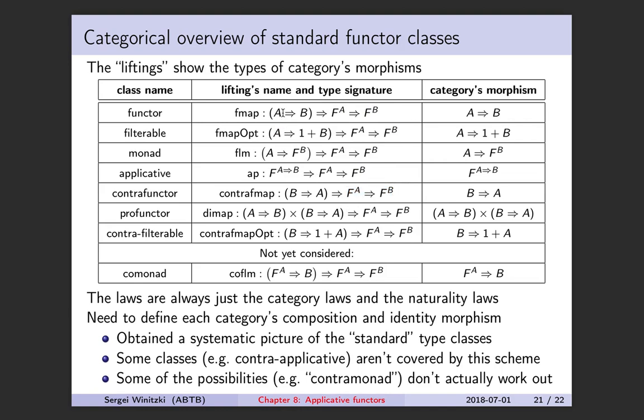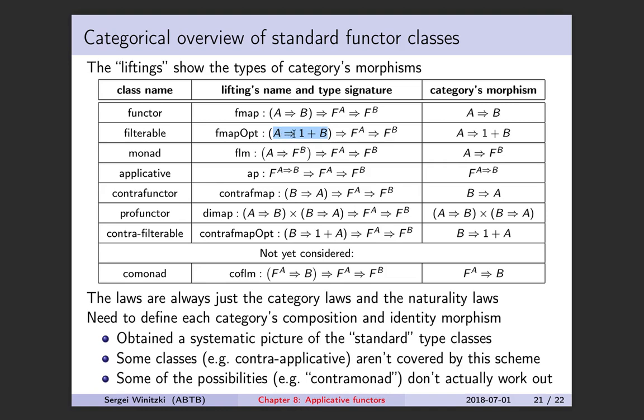So, functor transformation. The second thing we notice is that when we looked at the laws required for these type classes, each of these strange twisted function types had identity and composition laws. There was always a way to compose two of these and get another one of those.